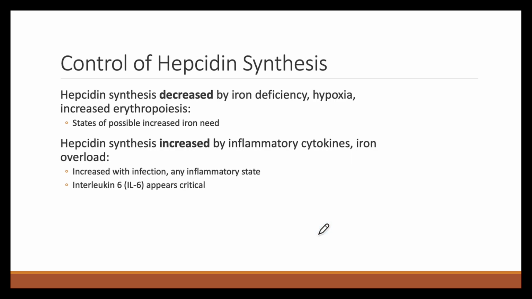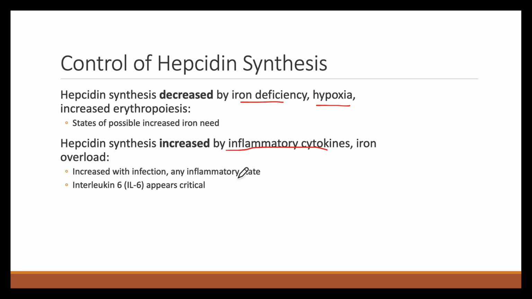Hepcidin is an interesting molecule. Its synthesis is decreased in times of increased iron need, such as iron deficiency or hypoxia, or increased erythropoiesis, which refers to red cell production. But it's increased with iron overload and when inflammatory cytokines are increased, such as with infection or any inflammatory state.